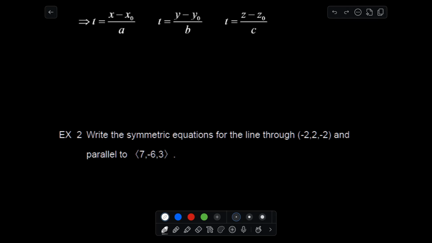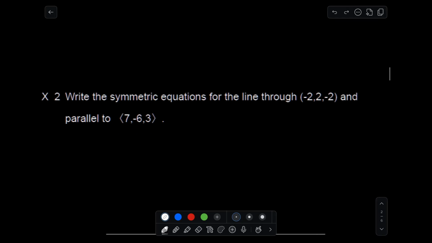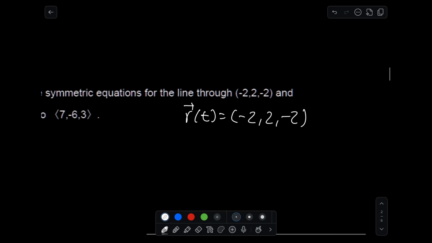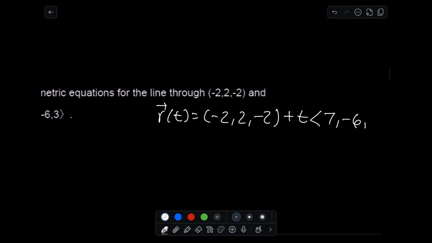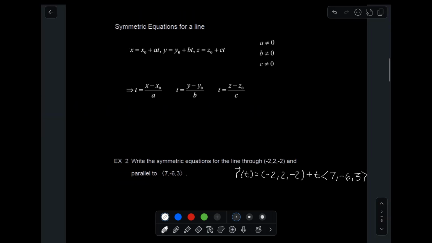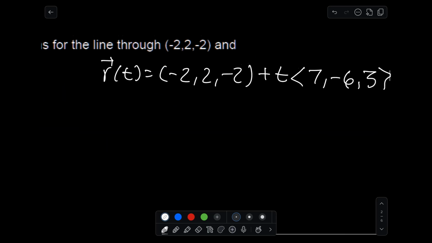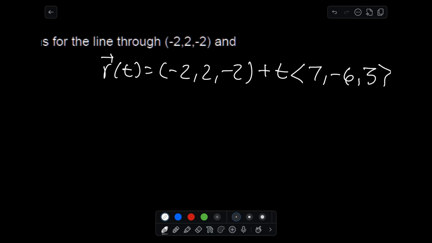So the first thing we can do is write our equation r of t equals (-2, 2, -2) plus t times (7, -6, 3). And then we can rewrite this into its separate vector components like we did before.